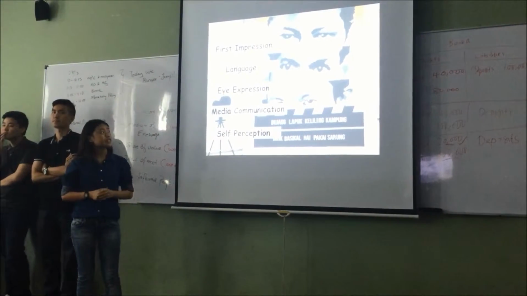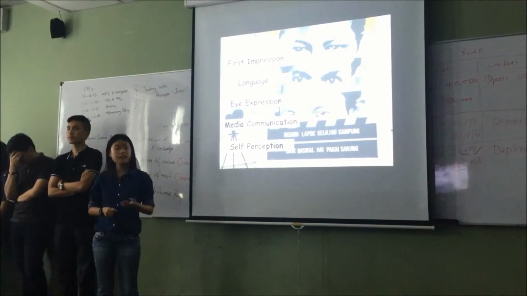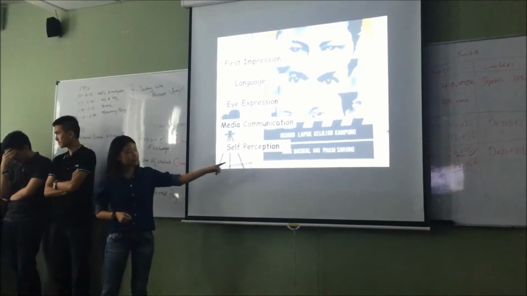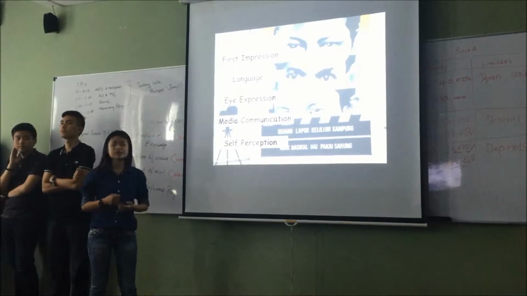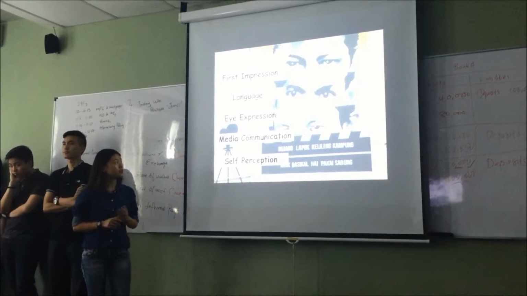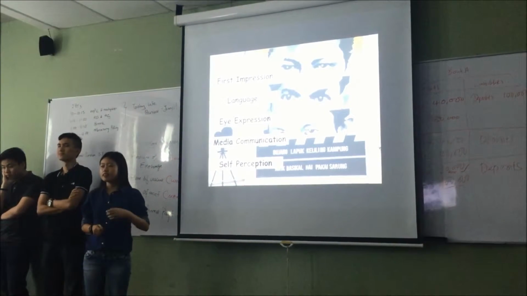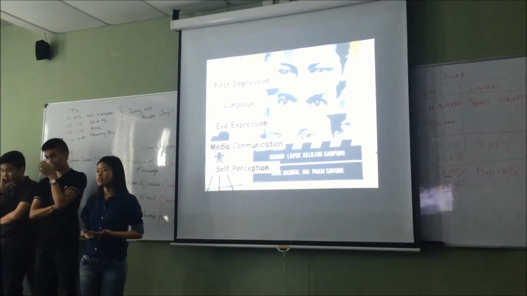The second concept is language. The language on the mural art is Malay. As you can see, the sentence below here is actually the lyrics of the song Mencece Bujang Lapok, which was written by P. Ramlee himself. The third one is eyes expression. Eyes expression is very important to express the emotion of a person.